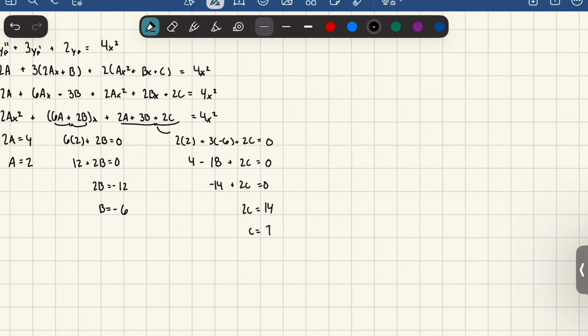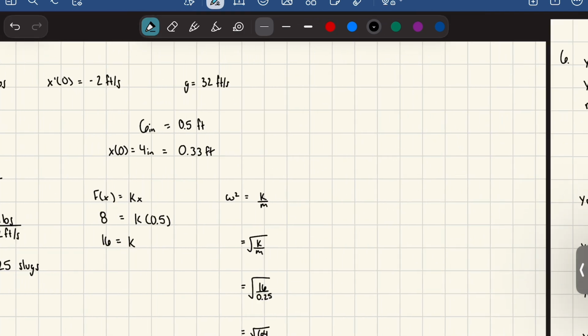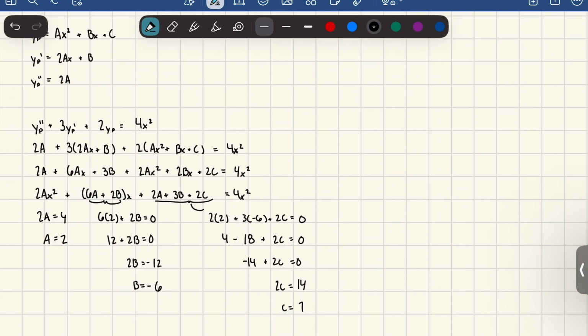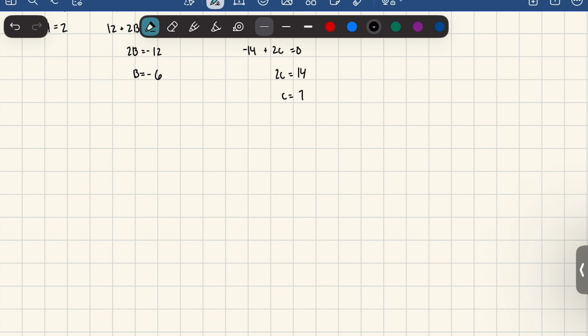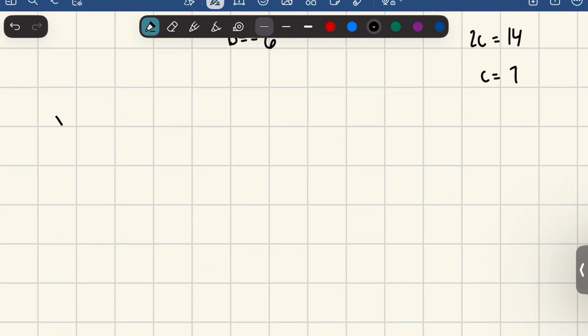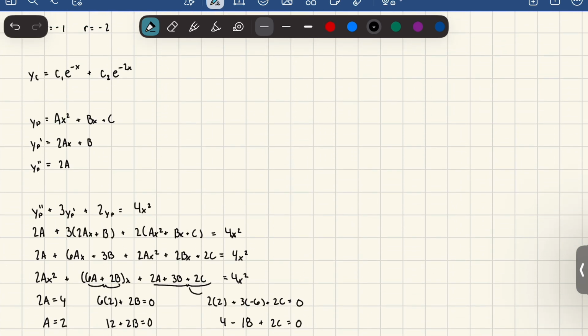Now I can plug this into the yp. Yp is going to equal 2x squared minus 6x plus 7. Now we can do our, what was our yc? Where's our yc?